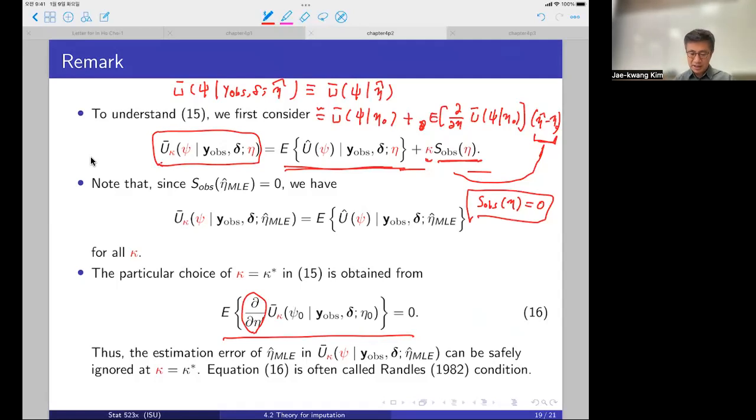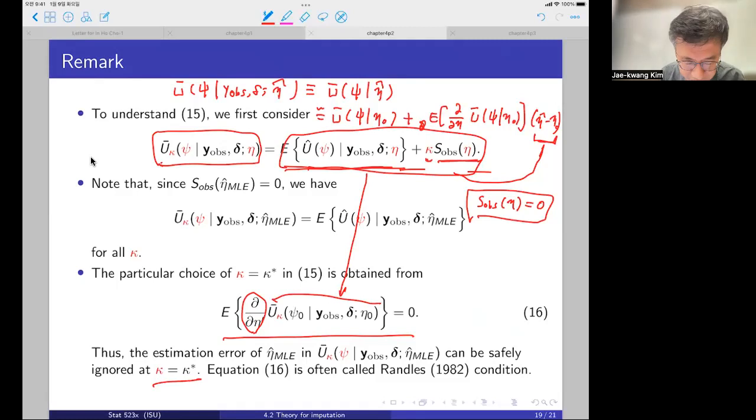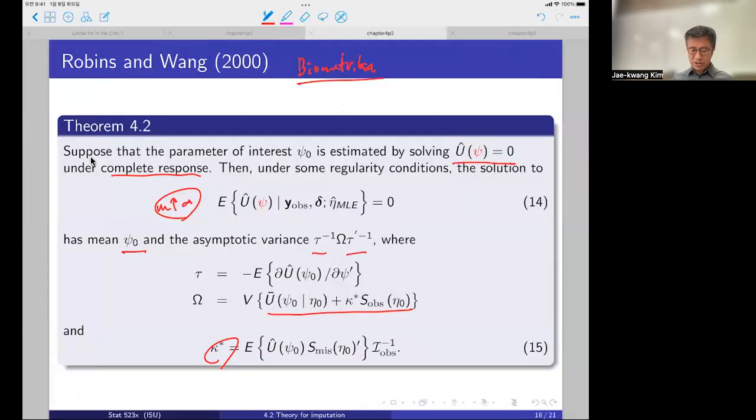So we put this into here and solve this equation, and the solution will be kappa star. That is the idea that Robins used. So that's just another way of understanding the linearization.